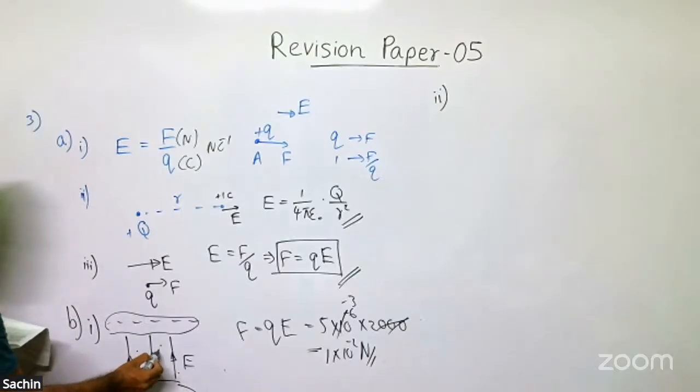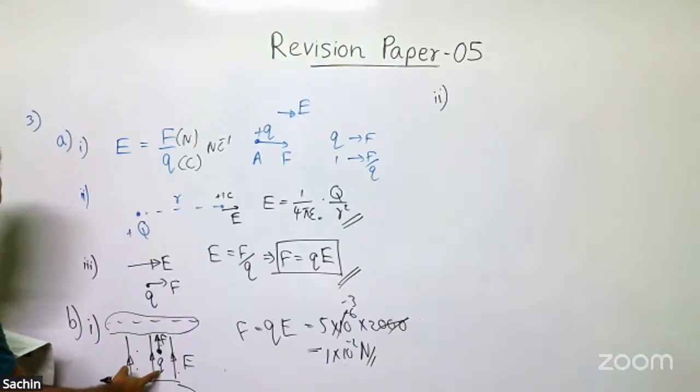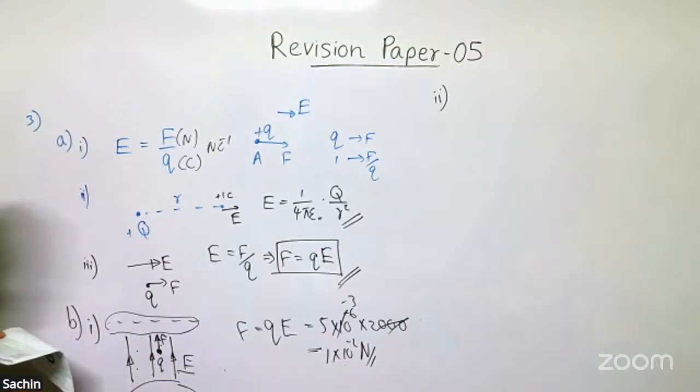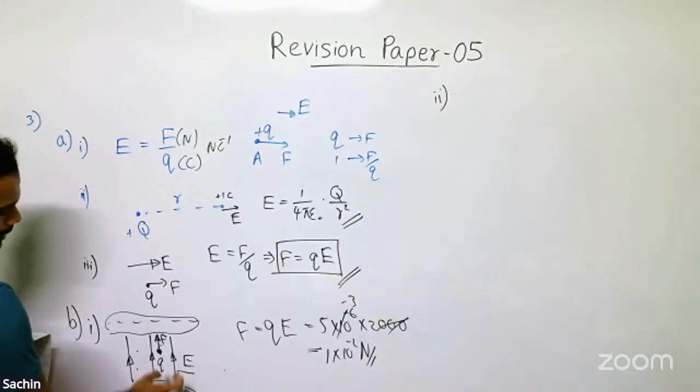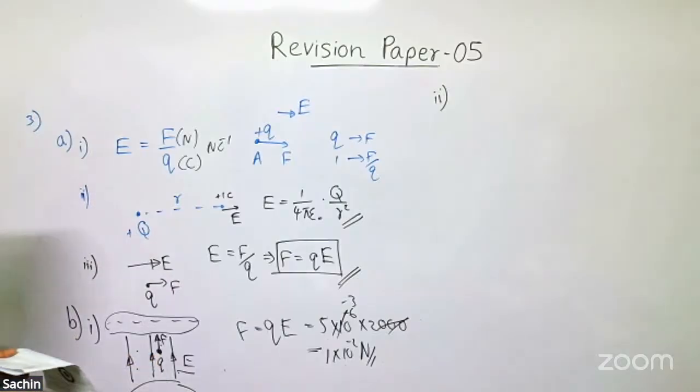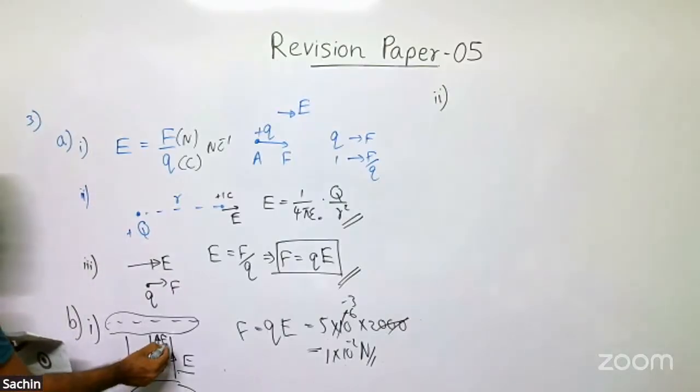The charge is kept here, so obviously the electric force should be upwards. If the charge is a positive charge, the force is also acting in the same direction as the electric field. That's a theory we learned. By the way, that's not the only force here.